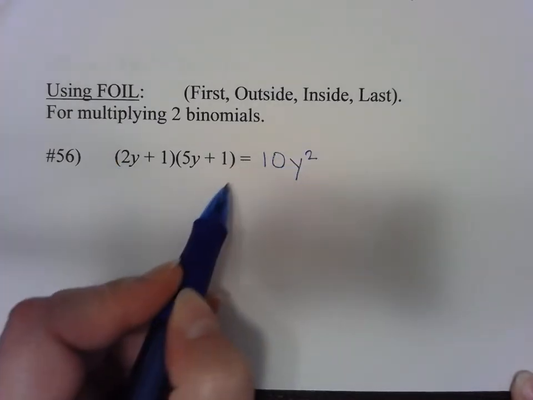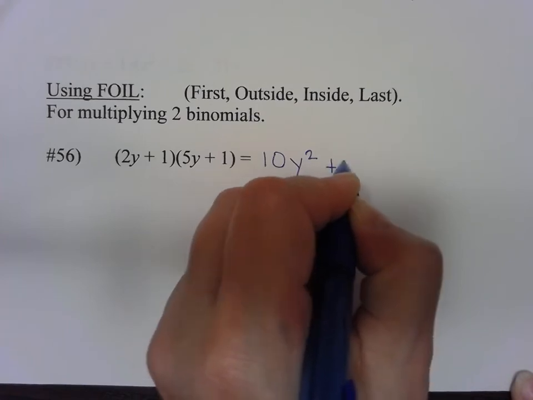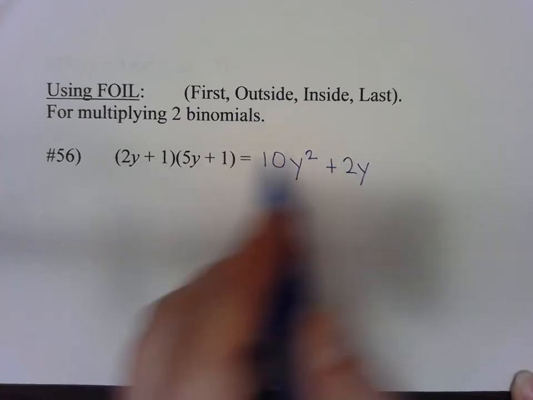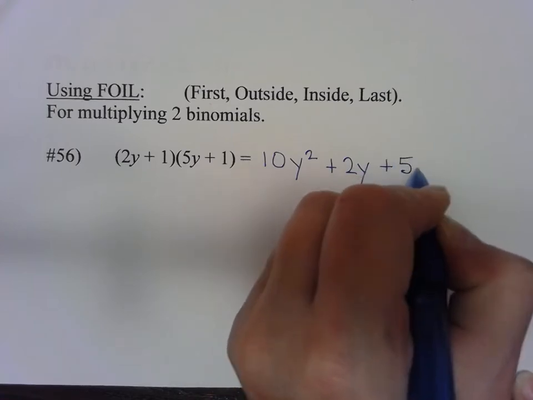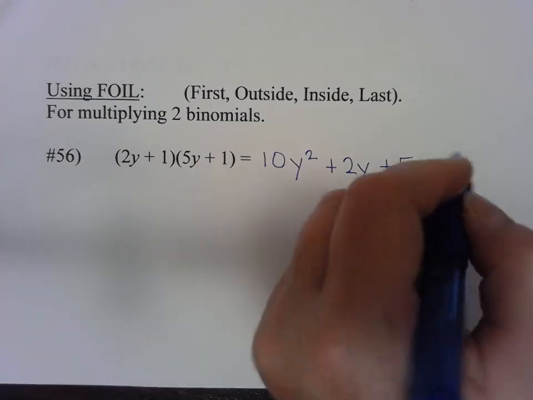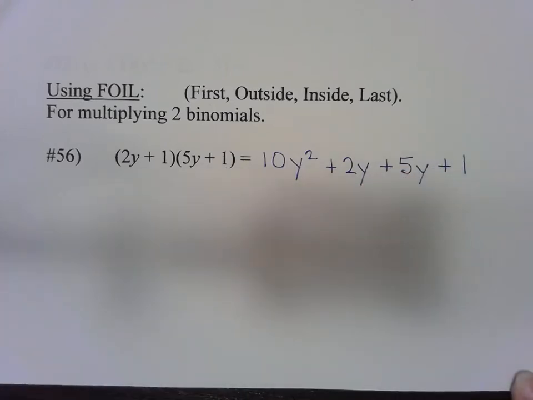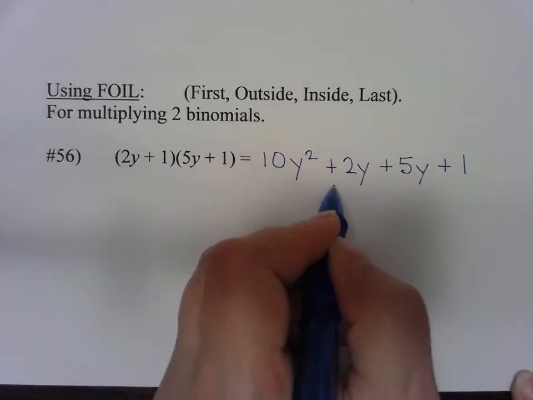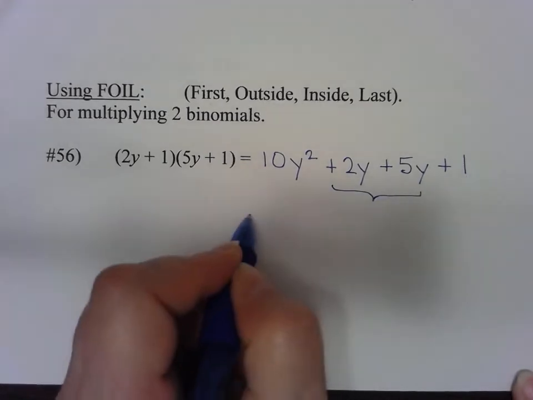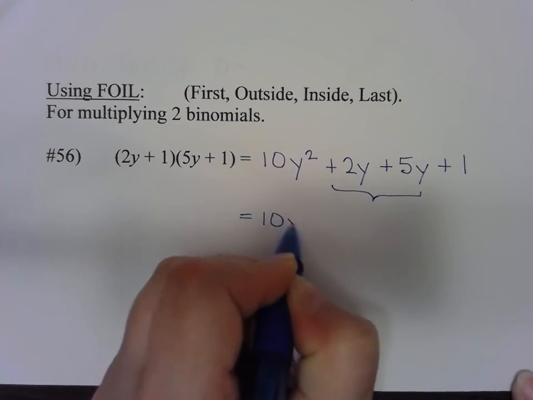Outside would be 2y times 1. Inside would be 1 times 5y. And then the last times the last would be 1 times 1. Not always, but many times these two middle terms will be alike so that we can combine them into one.